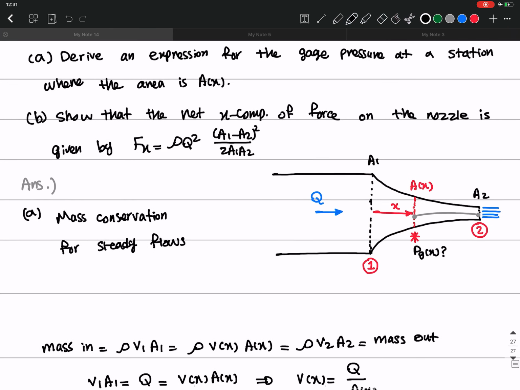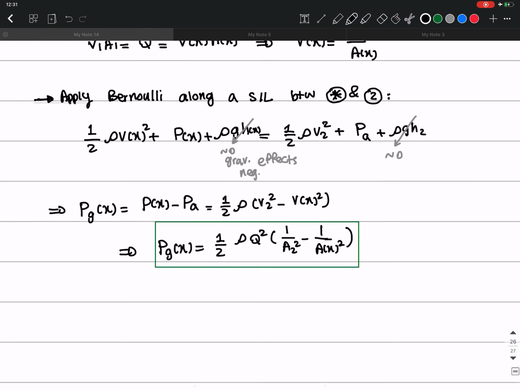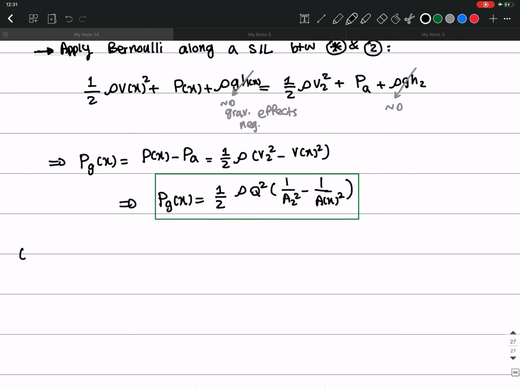Now the second part wants us to find the force that the fluid exerts on the nozzle, the x component of that force. So in order to do that, what we need to do is to integrate.